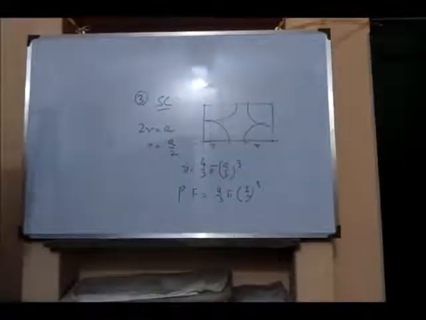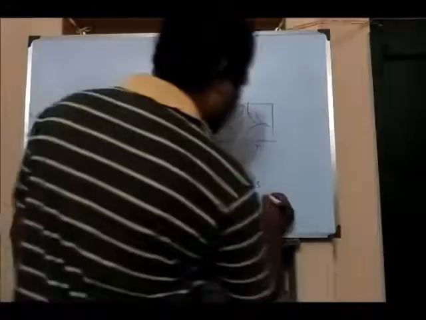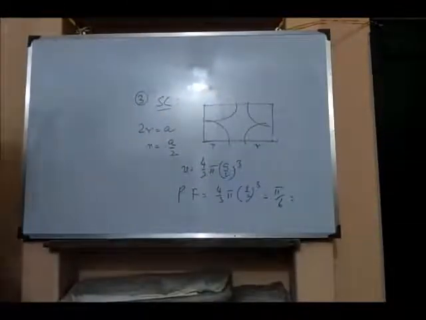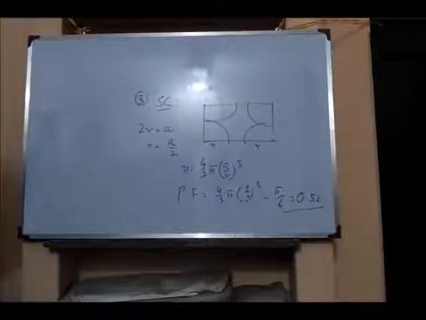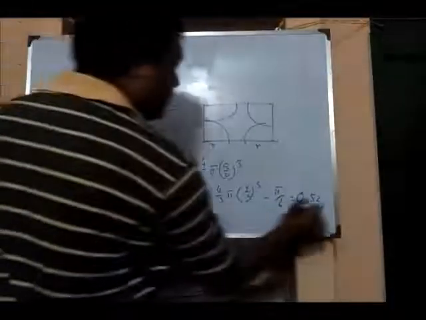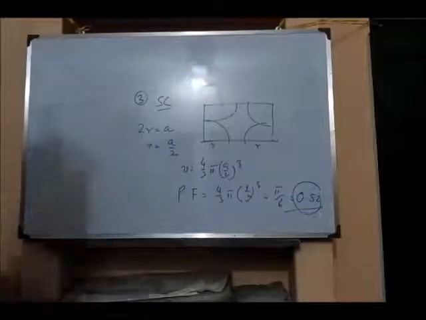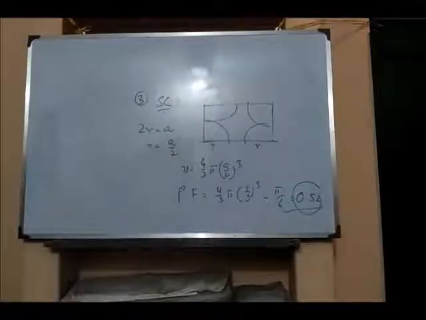Okay, so this will be pi by 6, and the value of this is approximately 0.52. So for simple cubic, the value of the packing factor is 0.52.